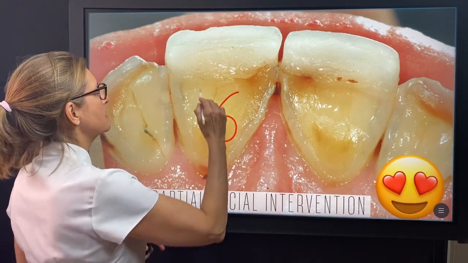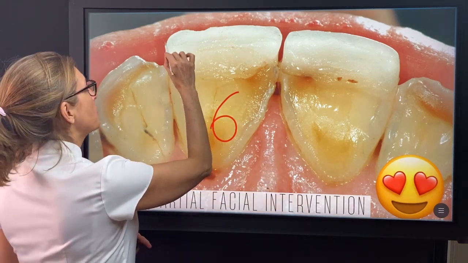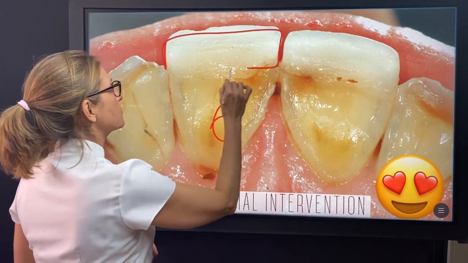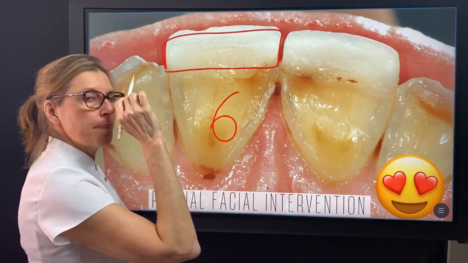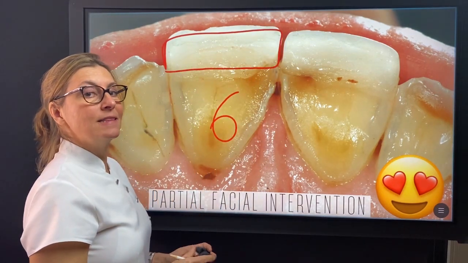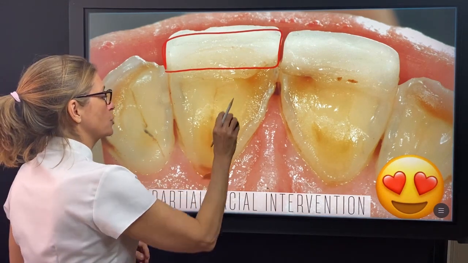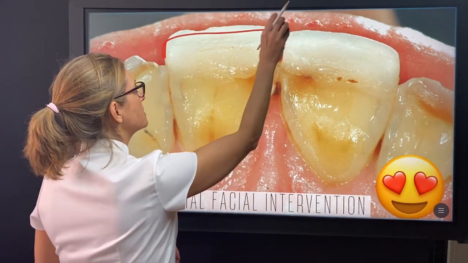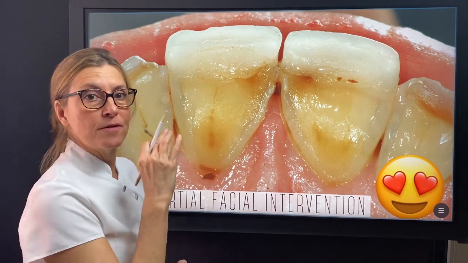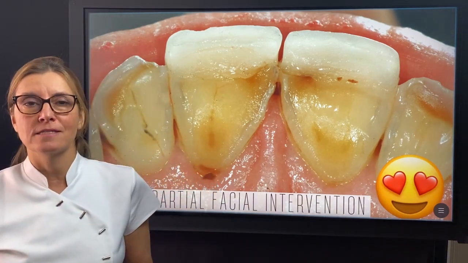Veneer, direct composite, crowns, it doesn't matter. The problem is that this repair is many times not integrated in the function of the patient. What I mean is that maybe the repair will not last long.